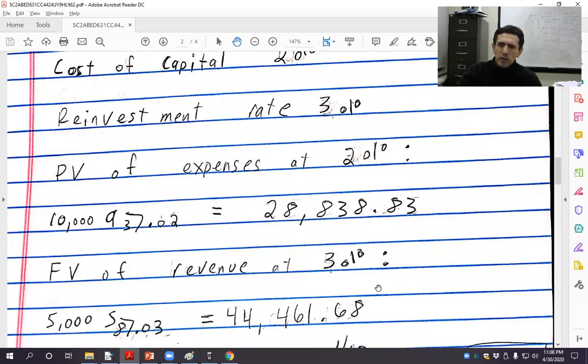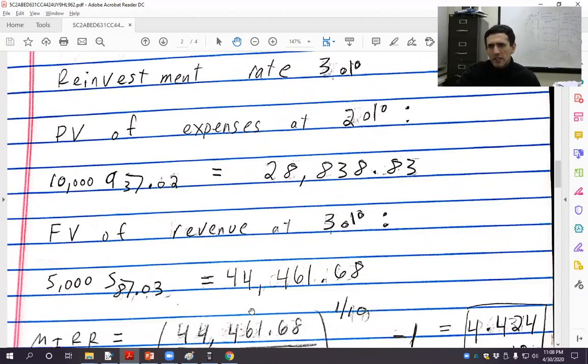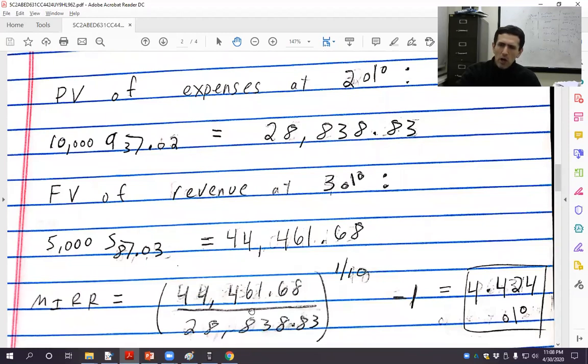Okay. Now the future value of revenue at 3% is going to be 5,000 S8.03. So maybe it's more realistic to be able to reinvest your revenue at a higher interest rate, but anyway. That's going to be 44,461.68. So you plug and chug into your MIRR formula, and you get 4.424%.